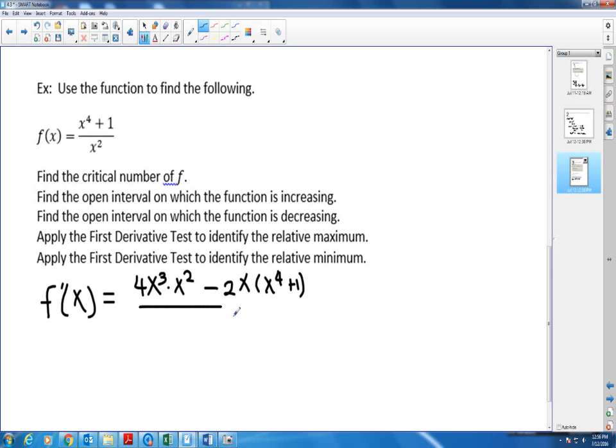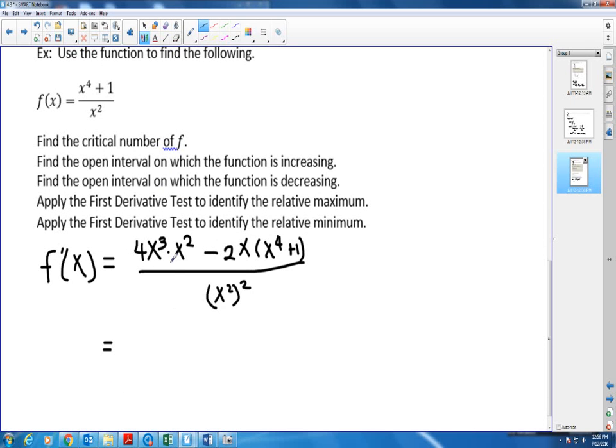Whole thing over the bottom squared. Alright, let me simplify this so I can set it equal to 0. This is 4x to the 5th minus 2x to the 5th minus 2x, whole thing over x to the 4th.